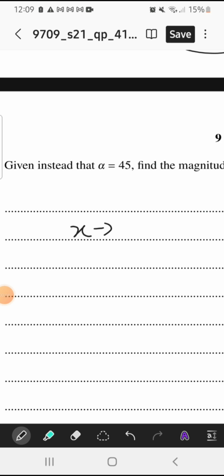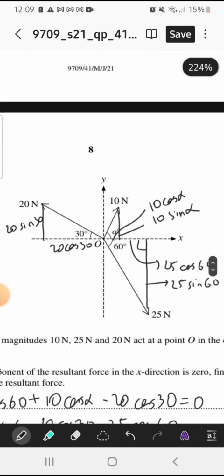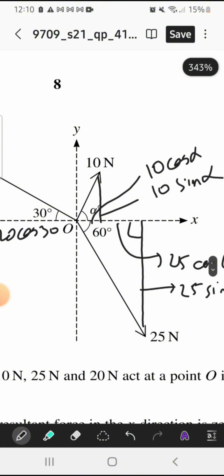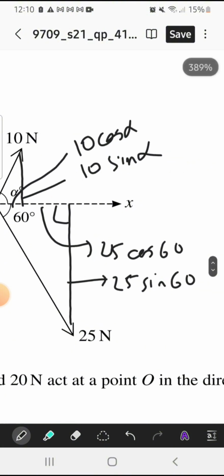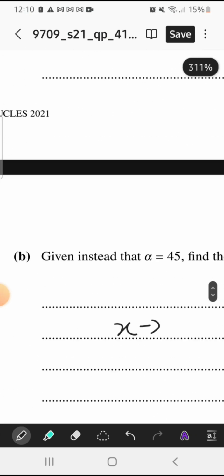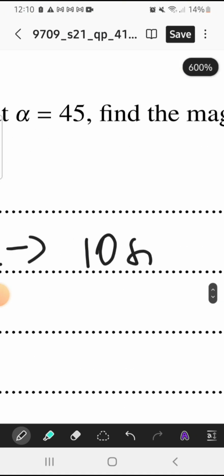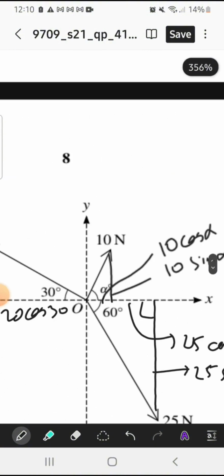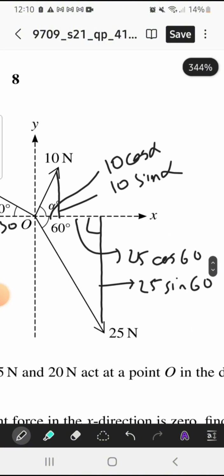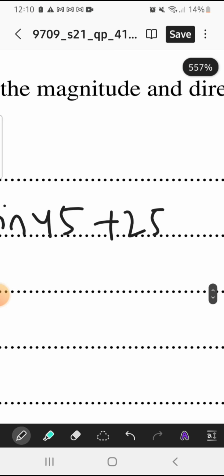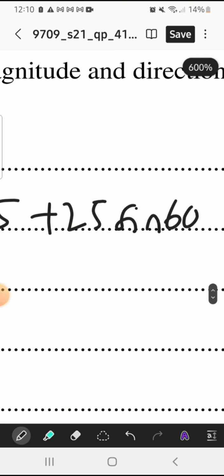So in the x direction, we just have to find the following: 10 cos alpha plus 25 cos 60 minus 20 cos 30, which with alpha as 45 gives 10 cos 45 plus 25 cos 60 minus 20 cos 30.